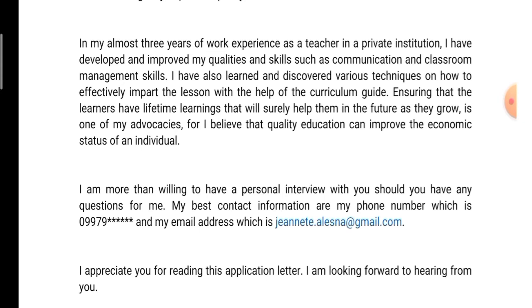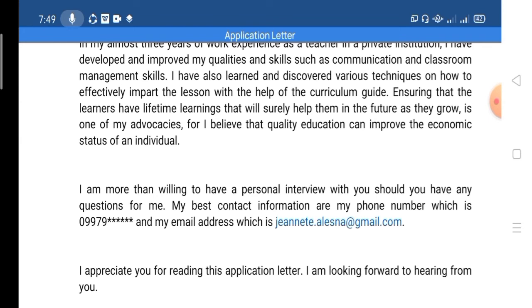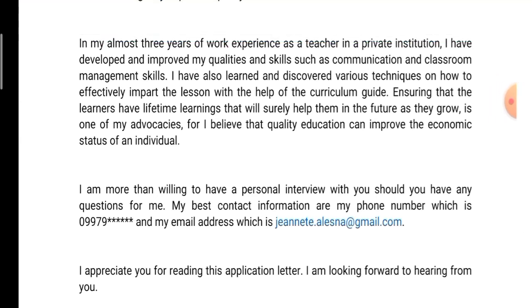I have also learned and discovered various techniques on how to effectively impart the lesson with the help of the curriculum guide. Ensuring that the learners have lifetime learnings that will surely help them in the future as they grow is one of my advocacies. For I believe that quality education can improve the economic status of an individual.